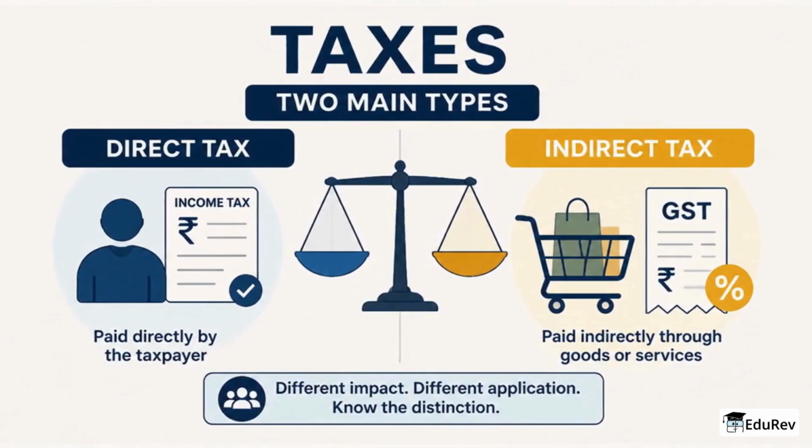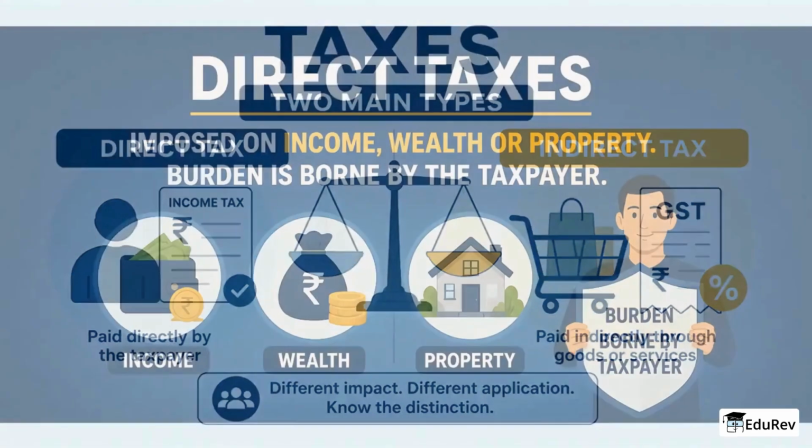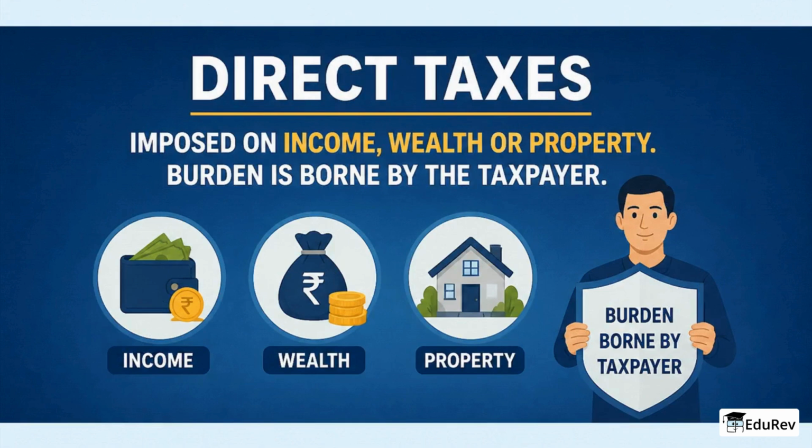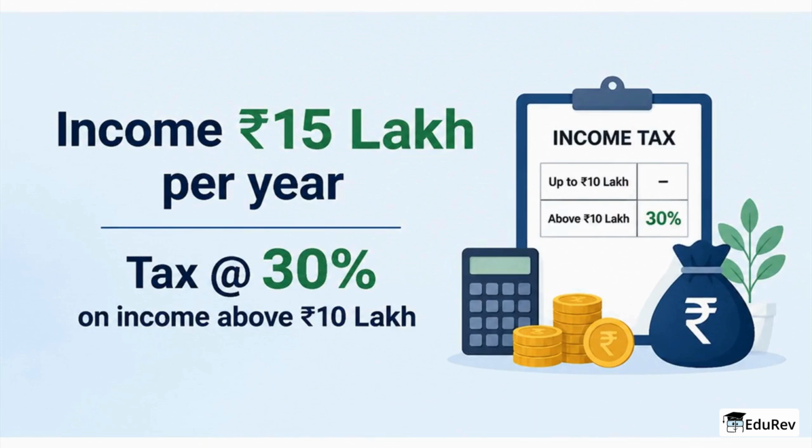Taxes are grouped into direct and indirect types. This distinction matters for who bears the tax and how tax law applies in practice. Direct taxes are imposed on income, wealth, or property. The taxpayer bears this burden directly and cannot pass it to others legally. For example, if you earn 15 lakh rupees a year, you pay income tax as per slabs, like 30% above 10 lakh rupees.